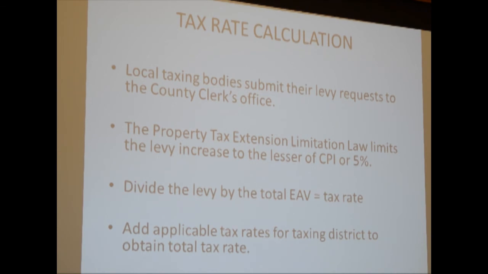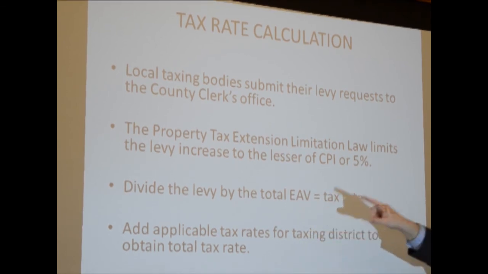It's not mandated by your local assessor, the Constitution mandates that every property be assessed at 33 1/3%. So let's say it's assessed at 31%, there has to be an equalizing factor added to that calculation to get it to the 33 1/3. So that's where you come up with the EAV, the equalized assessed valuation. And so that's the number that they use to come up with the tax.